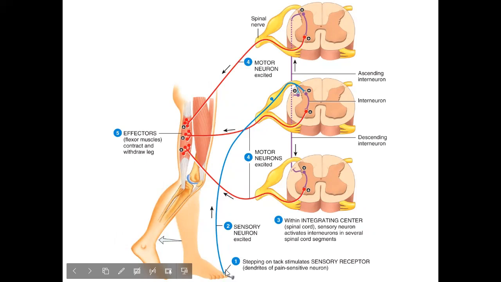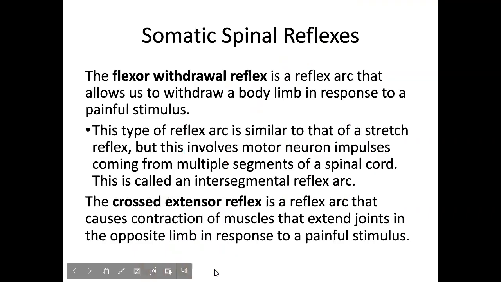Stepping on a tack, obviously, is going to be a painful situation. Pain-sensitive receptors in our toes are activated by that tack entering the foot. A signal is created that then travels up into the backside of our spinal cord. But notice here we've got 3 segments of the spinal cord shown, and that's because this is an intersegmental reflex arc.